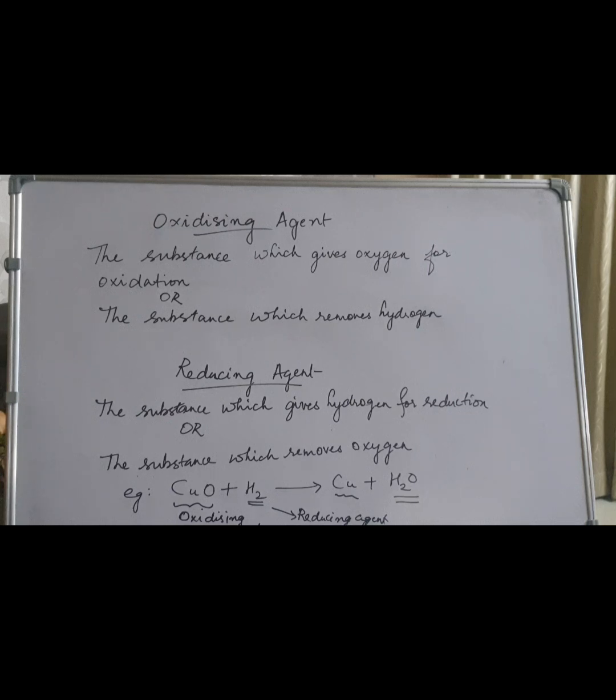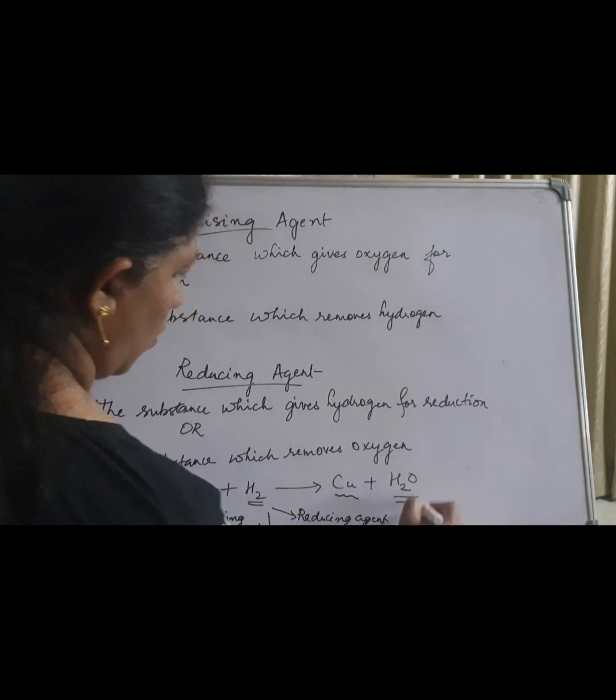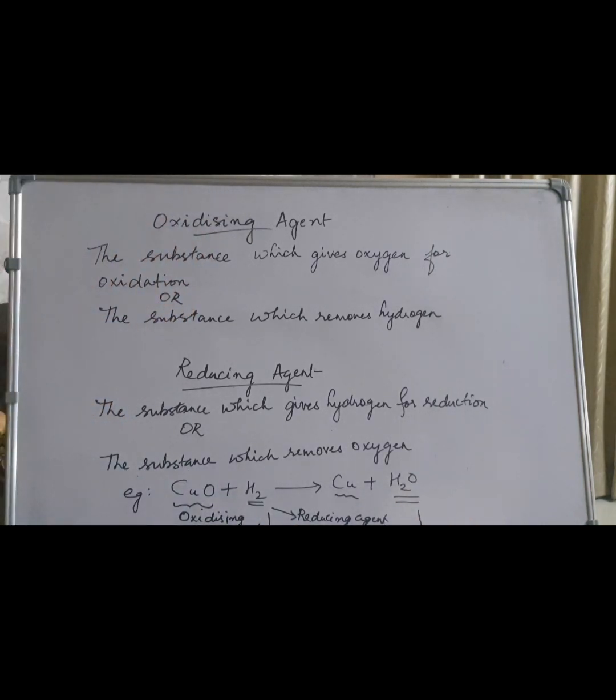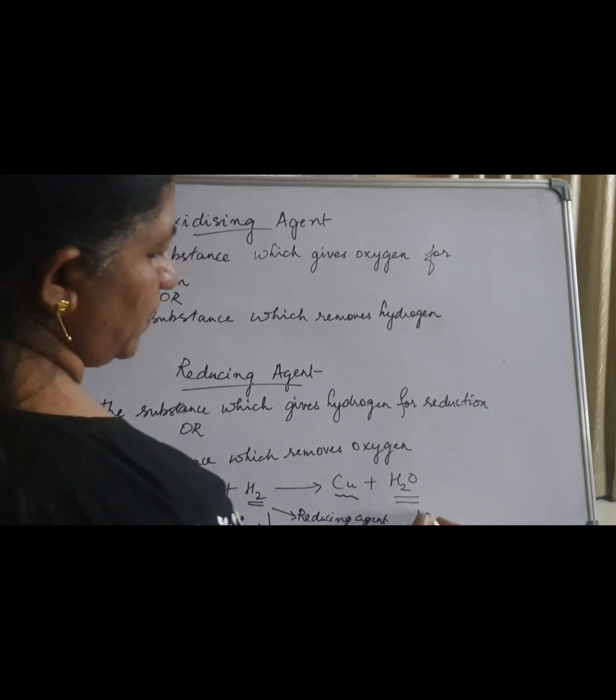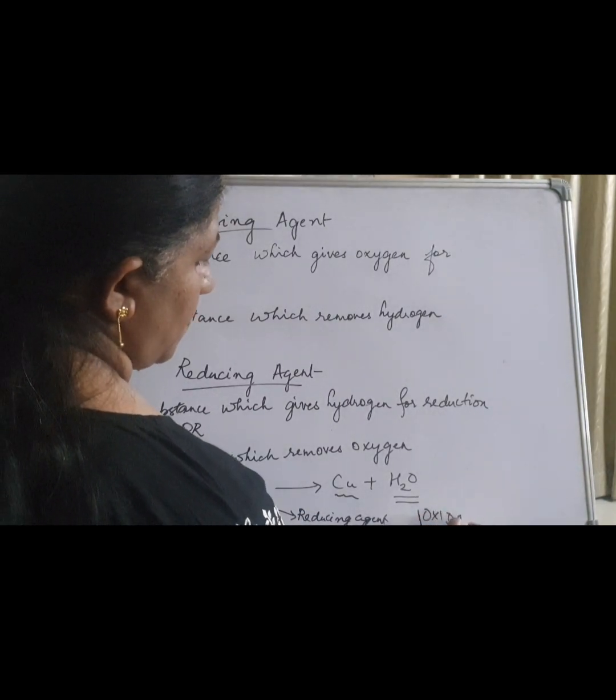So can you tell me, what will be the step? Addition of oxygen, you call it what? Yes, oxidation. So here H2 will form water. Addition of oxygen, so that will be the oxidation.